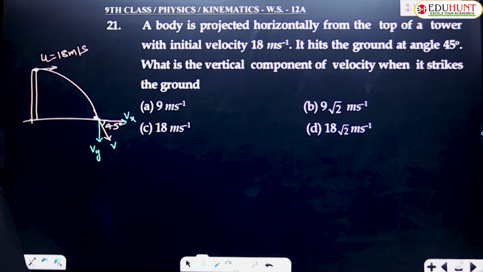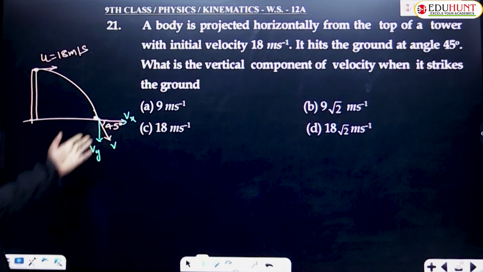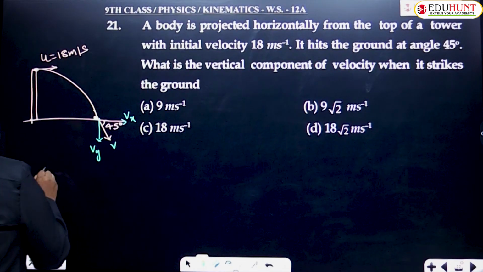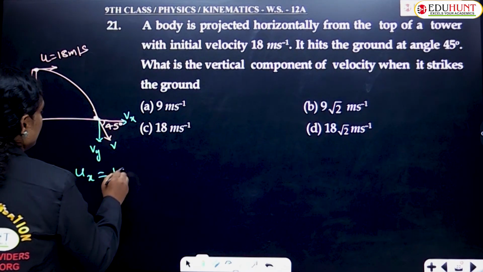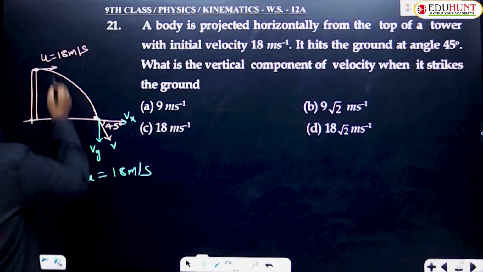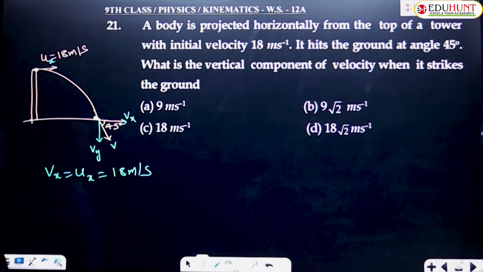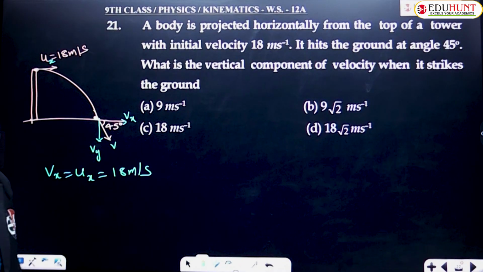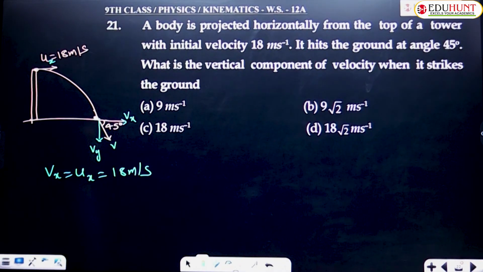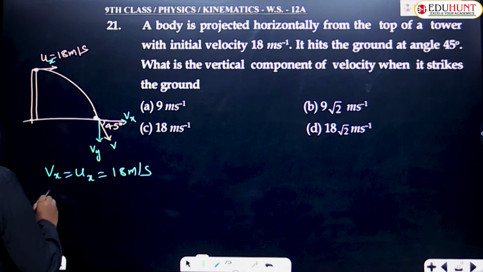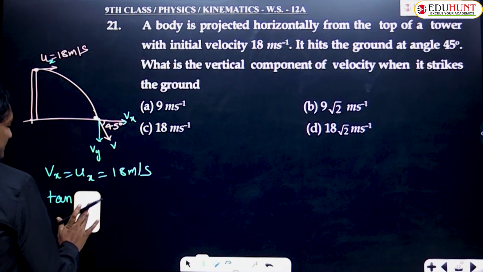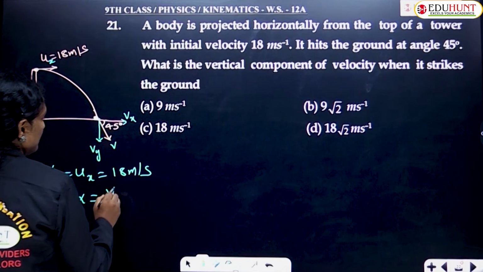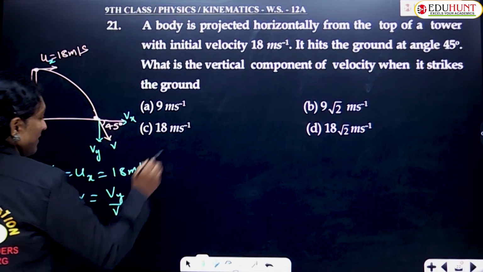Okay, children. In order to find this value, the horizontal velocity always remains constant, and this is nothing but 18 meter per second. So Vx is equal to Ux, which is 18 meter per second. The angle was also given. We know the formula tan theta equals Vy by Vx.